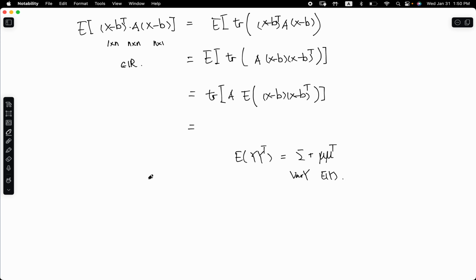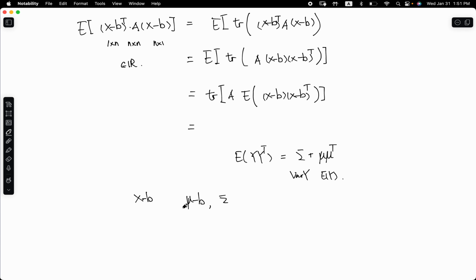So here we just need to see that when x follows a distribution and then you're also shifting by a constant b, you are equivalently shifting the mean by this constant b, but the variance stays the same.